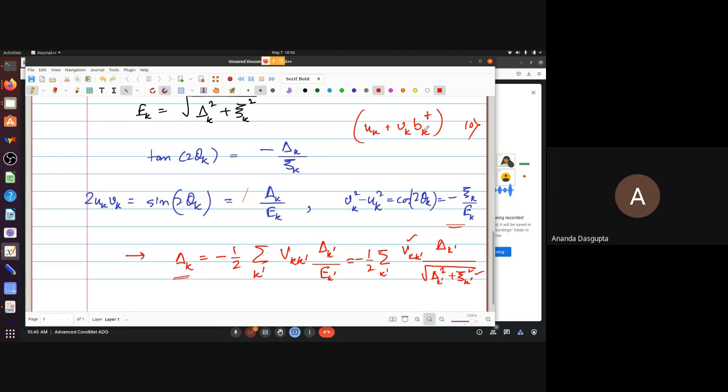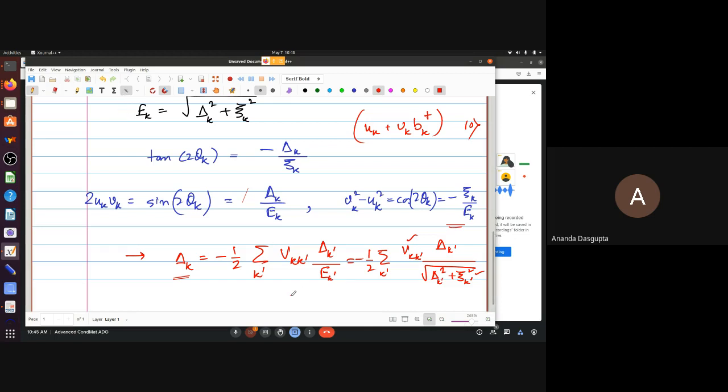Okay. So strategy is solve this equation, plug it back here, find out V_k, U_k, you're done. Essentially, you have found out the gap value. You have also found out the occupancy of various Cooper pairs, how many Cooper pairs are produced, and so on. You essentially know the entire wave function.